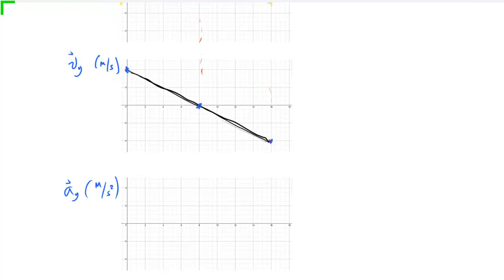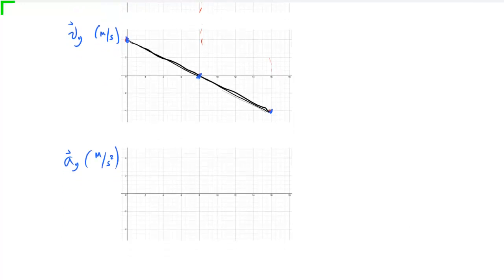And the acceleration of this would just be, a negative constant slope would correspond to a negative constant value, and I'm just doing this qualitatively. Let's say that we have our acceleration here.